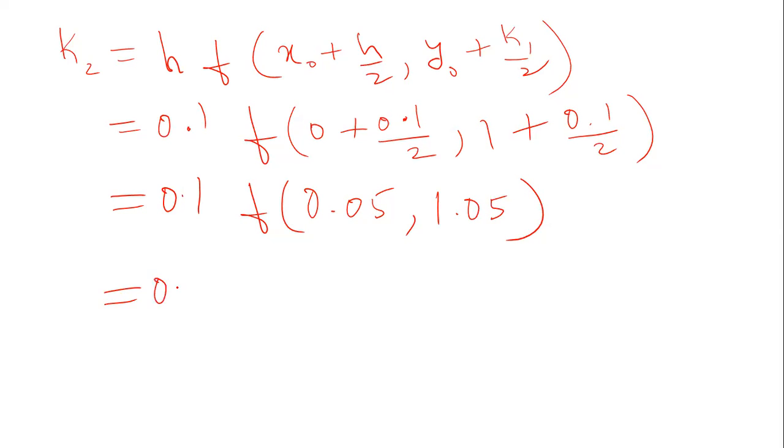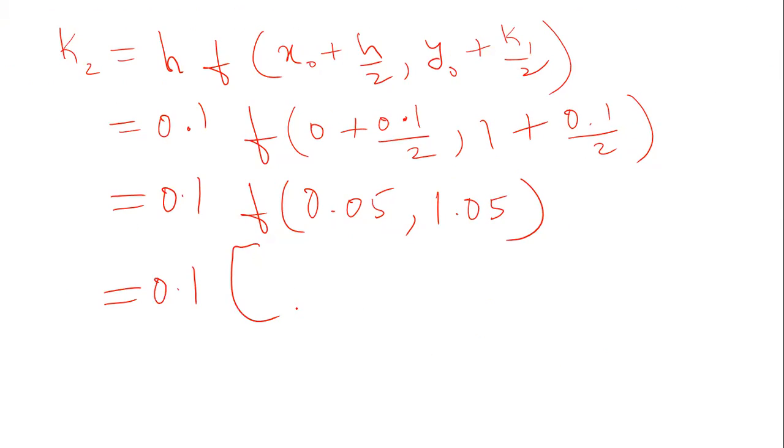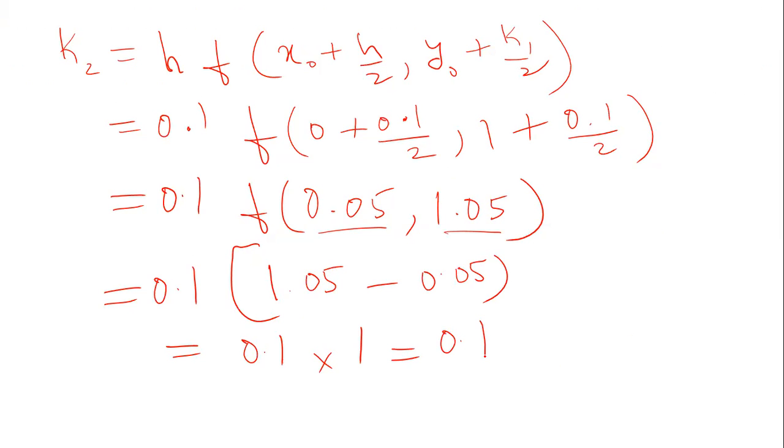So this will be 0.1 into f of 0.05, 1.05. Since f of x y is y minus x, this is 1.05 minus 0.05, and 0.1 into 1. So this is again 0.1.